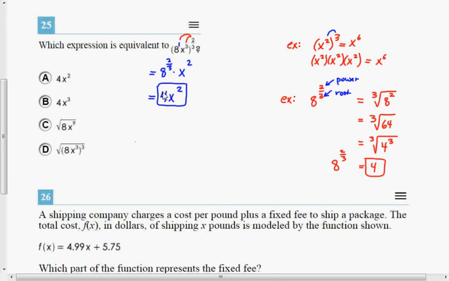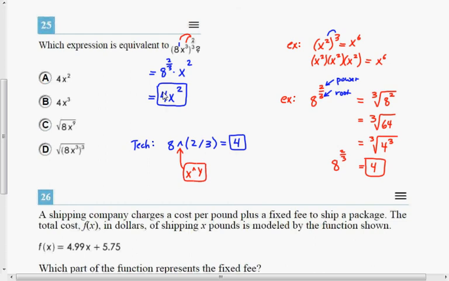Again, using the technology, you would just have to type 8, raise it to the 2 divided by 3 power. Remember this caret feature: to raise it to a miscellaneous exponent, you have to use the x to the y button on your calculator.